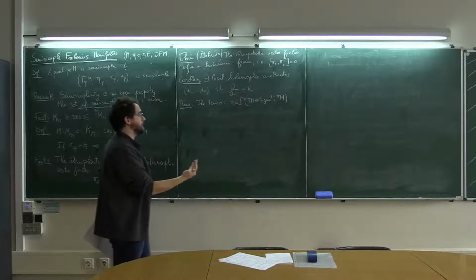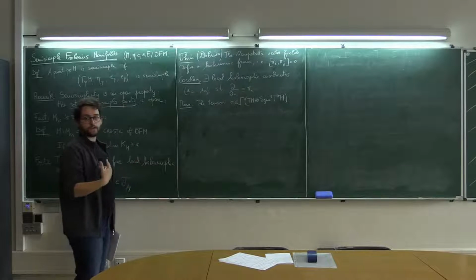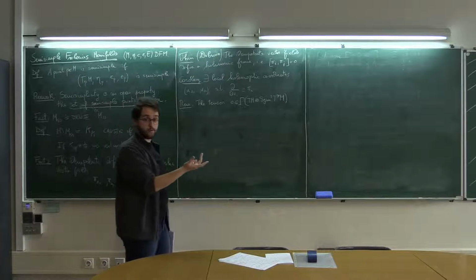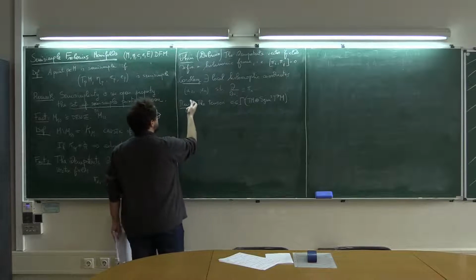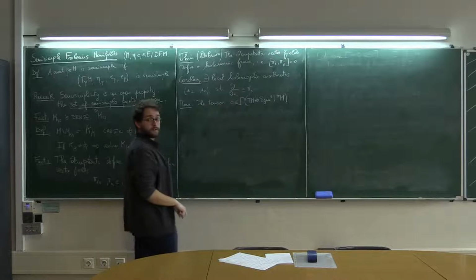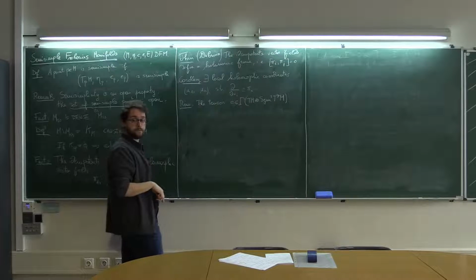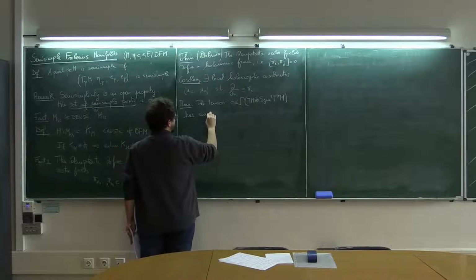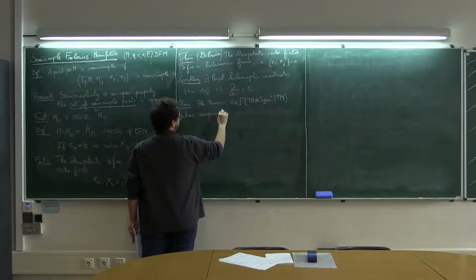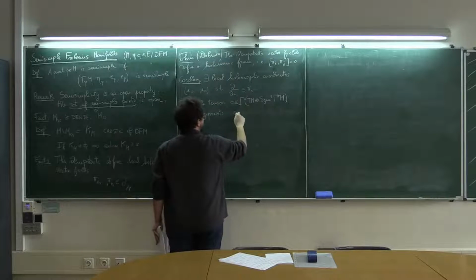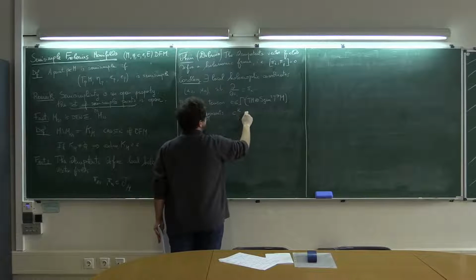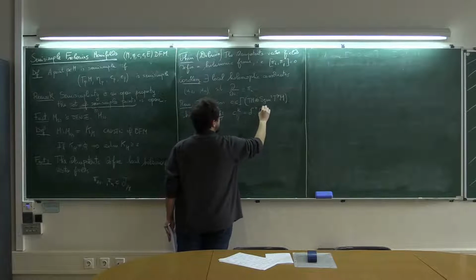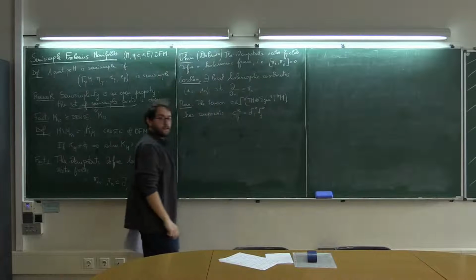It is a tensor which defines the structure constants of the Frobenius algebras at each point of the Frobenius manifold. And because of this property, the components are particularly easy to write down. These are just a product of two Kronecker deltas.